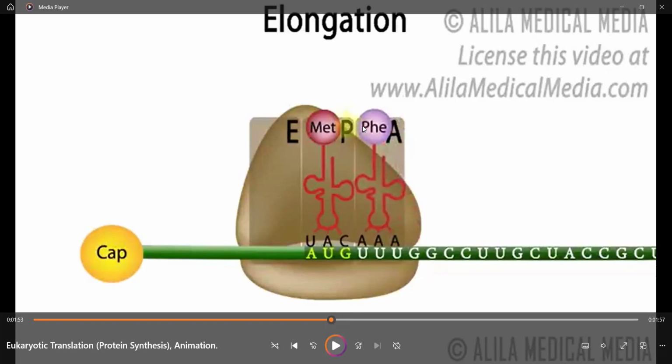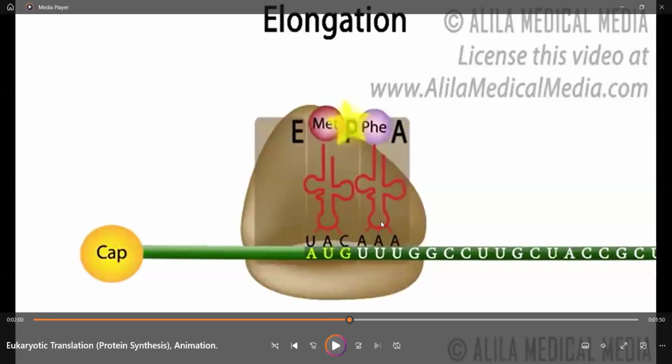Now these two are the amino acids. The first amino acid stands at the P site of the larger subunit. The second amino acid stands at the A site of the larger subunit of the ribosome. Between these two, there will be a peptide bond.